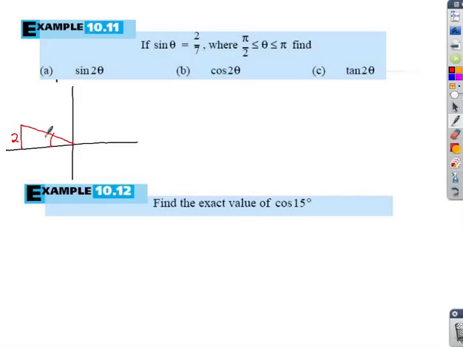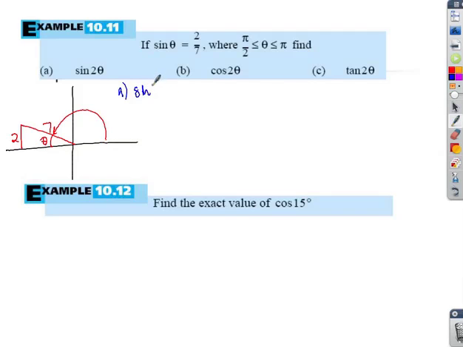So this is the angle theta, which is the same as the full rotation angle around to there. And again, sine is positive in the second quadrant. The y value is 2, the hypotenuse is 7. And we need to find sine 2 theta. The question's asking to give the answer for sine 2 theta.